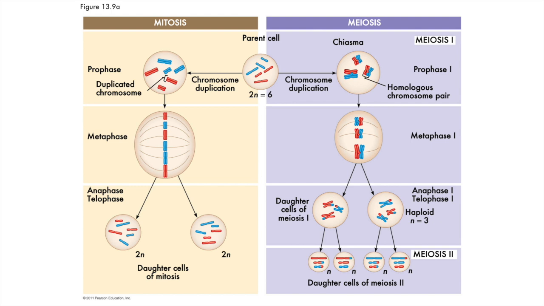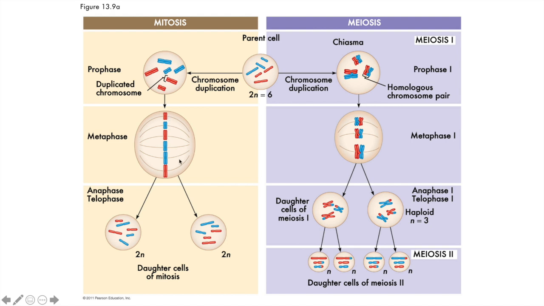In this slide, we can see a side-by-side comparison of the happenings in mitosis and meiosis. These are cells from the same organism which has 3 homologous pairs of chromosomes. As you can see, 2n equals 6. In mitosis, the homologous chromosomes are present, but all the chromosomes line up at the metaphase plate.